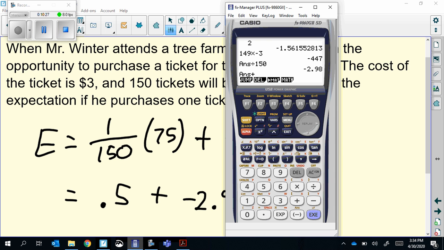Plus that 0.5 would be, whoops, negative. Didn't get the decimal point in there. Plus 0.5 would be -2.48.